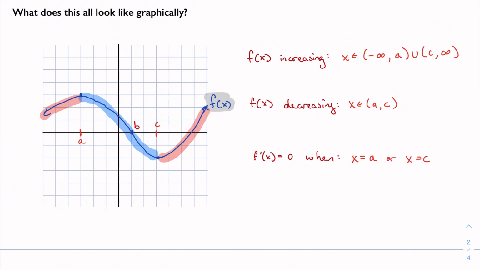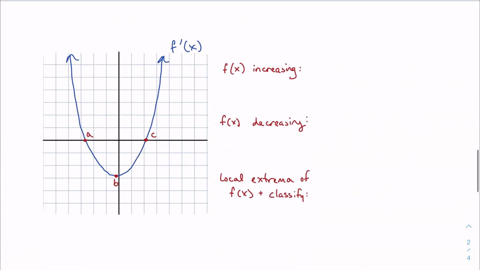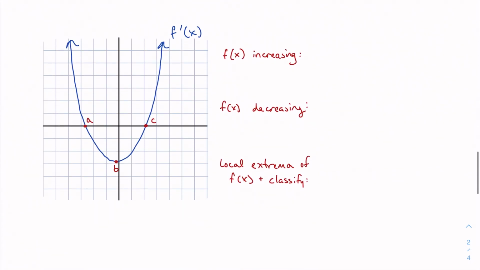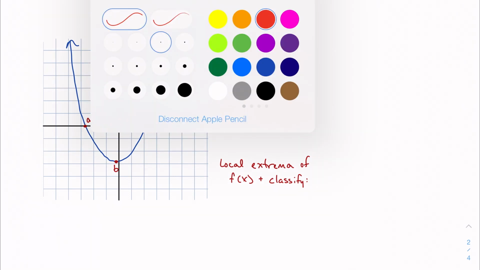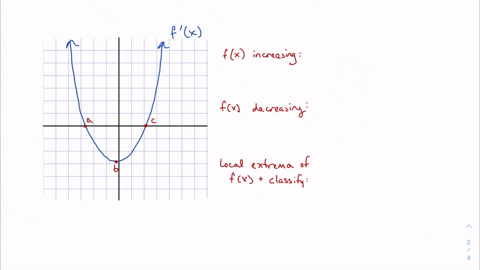If I give you f prime, you have to do a little more thinking, right? I need to use my first derivative test. If f of x is increasing, that means that the derivative is positive. So the derivative is positive anywhere it's above the x-axis.